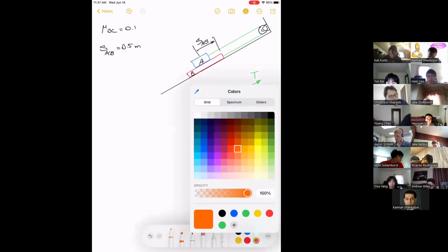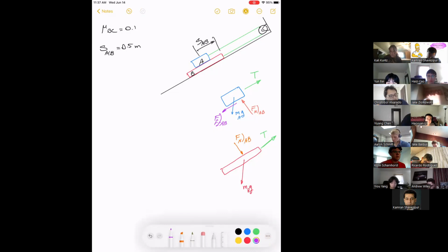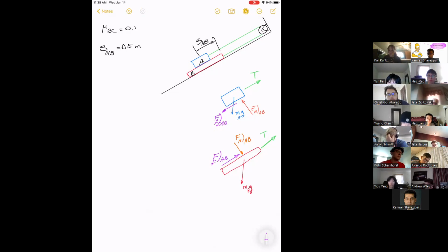And I'm going to have friction in the opposite direction, FF AB here. Do we have other forces? Yes. Jake, what are the other potential forces?